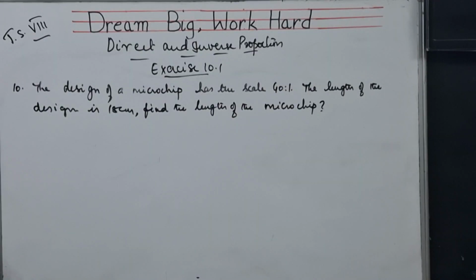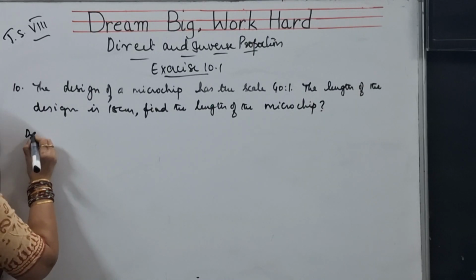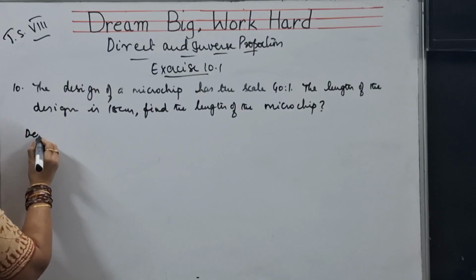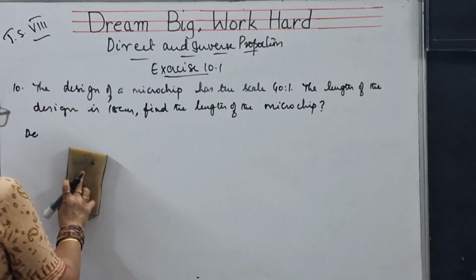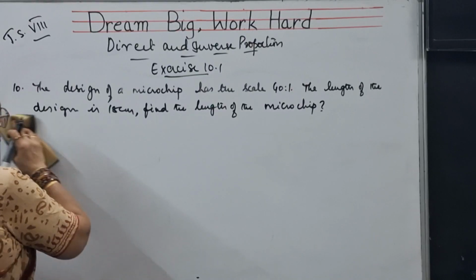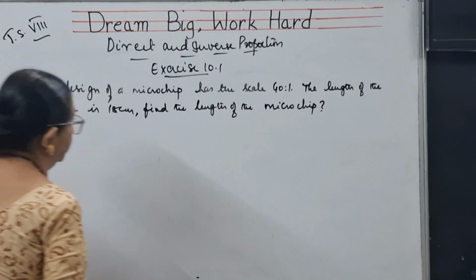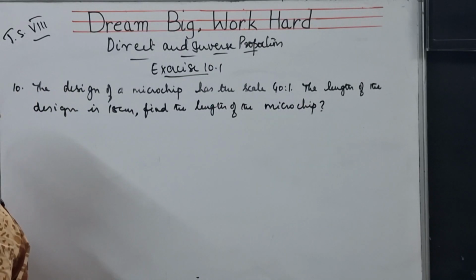Now 10th problem, children. The design of a microchip has scale 40:1. The length of the design is 18 centimeters and find the length of the microchip. So micro means very small, children. So the length of the design is to the length of the original microchip.